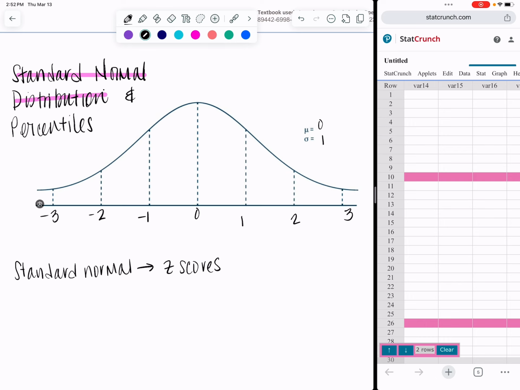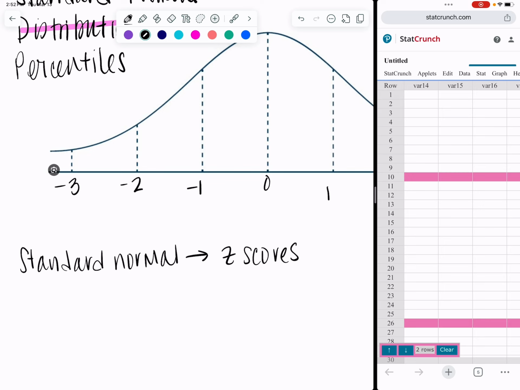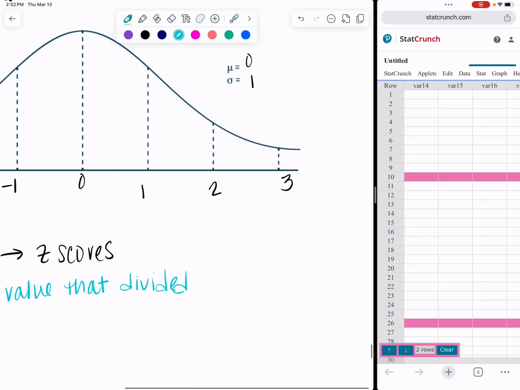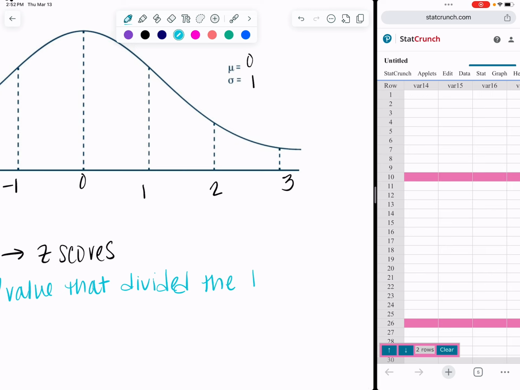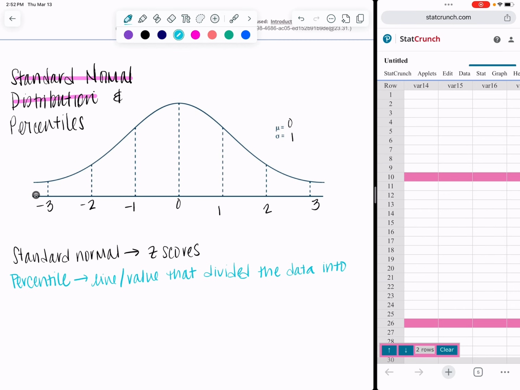Now, a very long time ago, we talked about percentiles. And the percentile was a line or a value that divided the data into 2 pieces, or chunks.